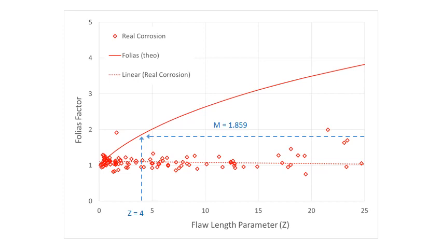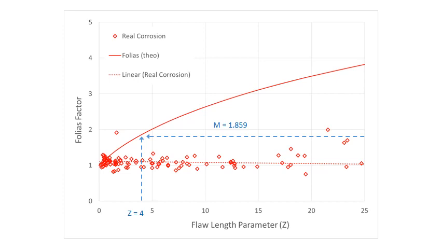If we look here at that calculated Z factor of 4 and we look at the foliage factor of 1.859, we can see that that foliage factor of 1.859 does actually show us an effective natural length limit in the foliage factor, and therefore by definition we're going to see an effective length limit in our flaw behavior.